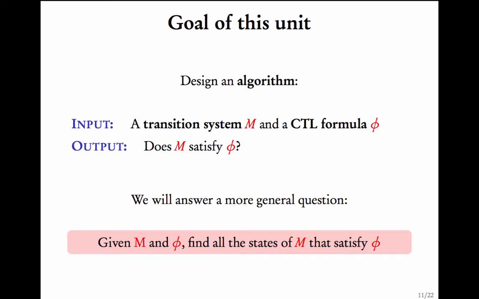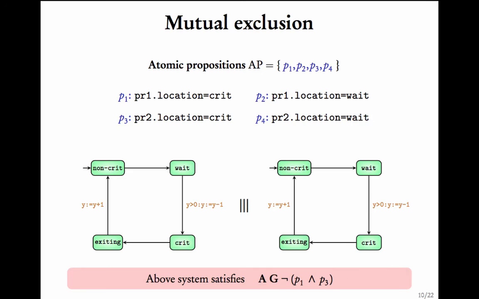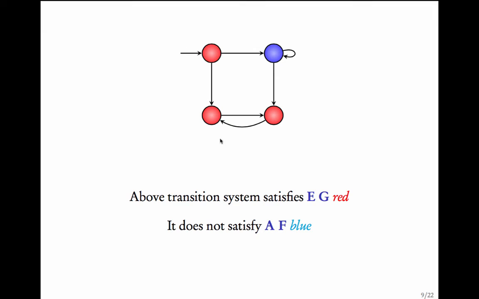We will actually answer a more general question. So given M and a CTL formula phi, we will find all the states of the transition system that satisfy the CTL formula phi. And then this question reduces to asking whether the initial state is in this set of states. Okay? So for instance, in this transition system, this state also satisfies EG red.